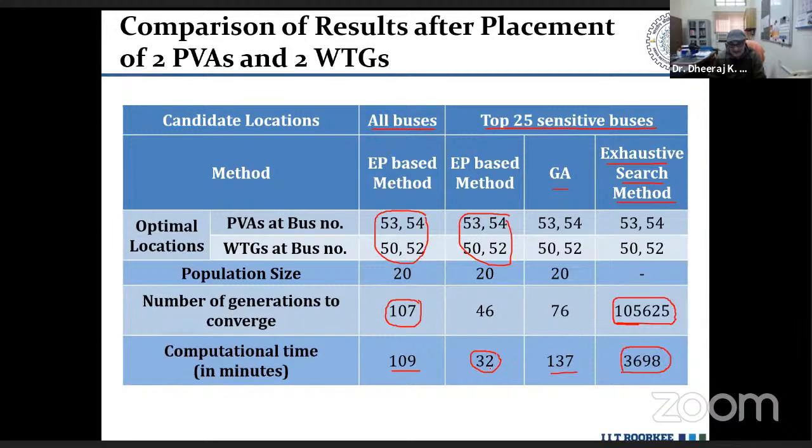So here we can see that the EP based method is computationally very effective. All methods are giving almost the same results, so there is no doubt about the quality of the solutions.